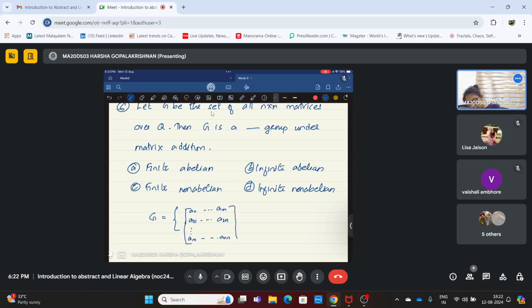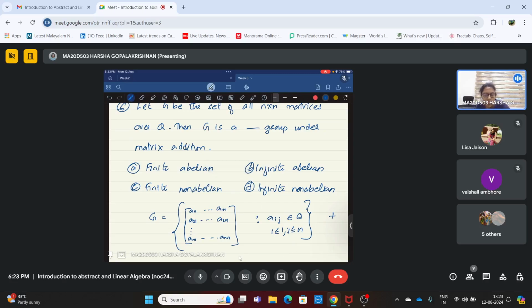This is the form of an n by n matrix, correct? With each Aij belonging to Q, where 1 less than or equal to i and j less than or equal to n. This is the given group G with the operation of matrix addition.